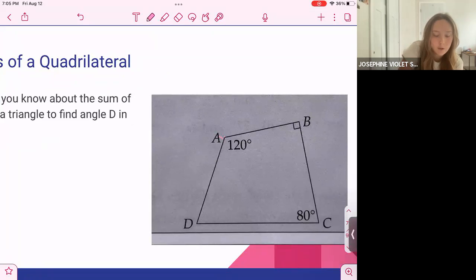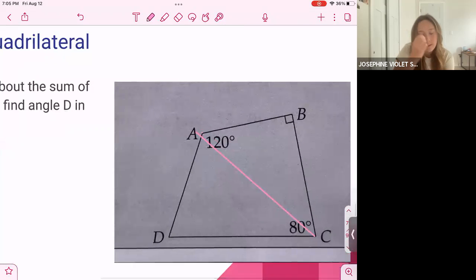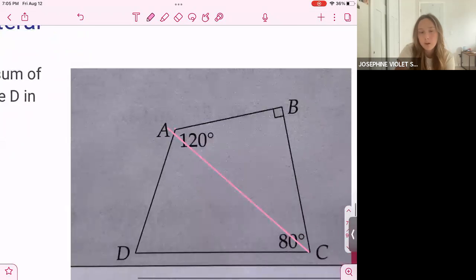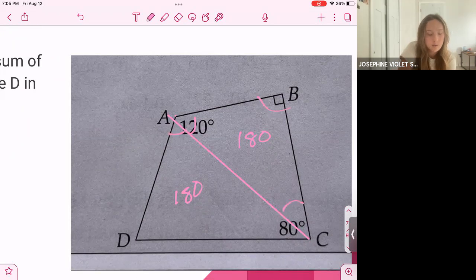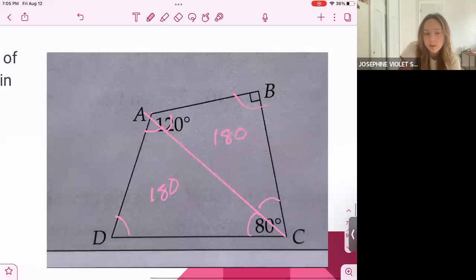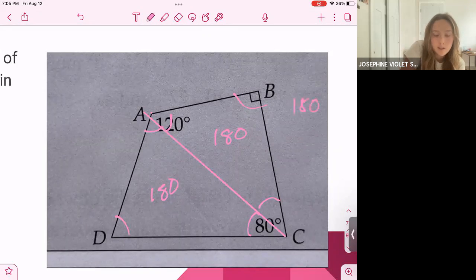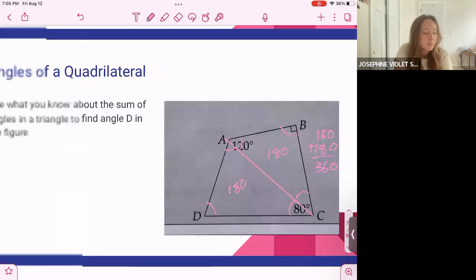We're going to split this from A to C, drawing a straight line. We now have 2 triangles, which each have 180 degrees total. That means between this angle, this angle, and this angle, there are 180 degrees, and between this angle, this angle, and this angle, there are 180 degrees. So the total of the angles in a quadrilateral would be 180 plus 180, which equals 360 degrees. And this works for any quadrilateral.